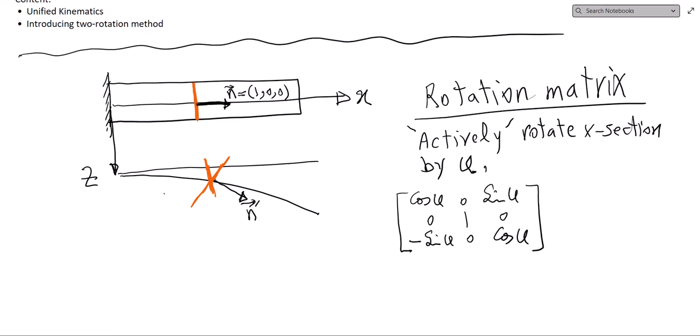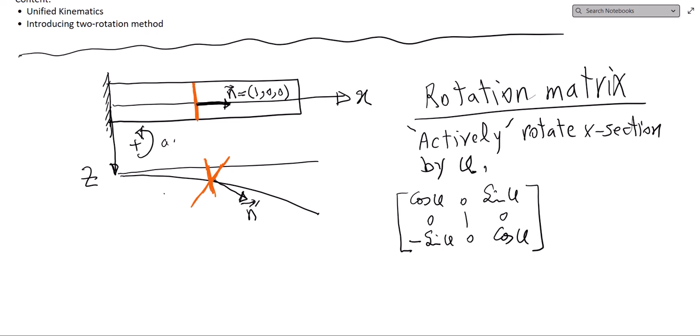Remember that when you use the Rodrigues equation for a rotation matrix, here I am assuming that the rotation is positive. It doesn't matter, I will explain it later, but to have some convention here, I assume that this is positive.